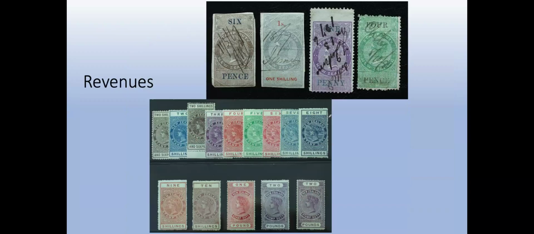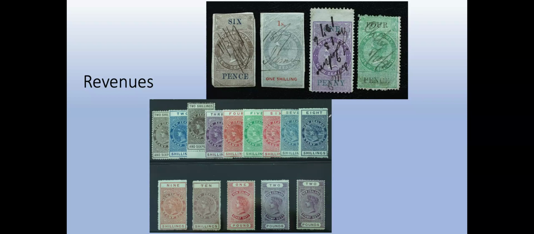Revenue stamps on the top there, stamp duty revenue stamps, and below that, they were produced in 1867 for different taxes and levies from the government. And below that, postal fiscals that were produced in 1882.